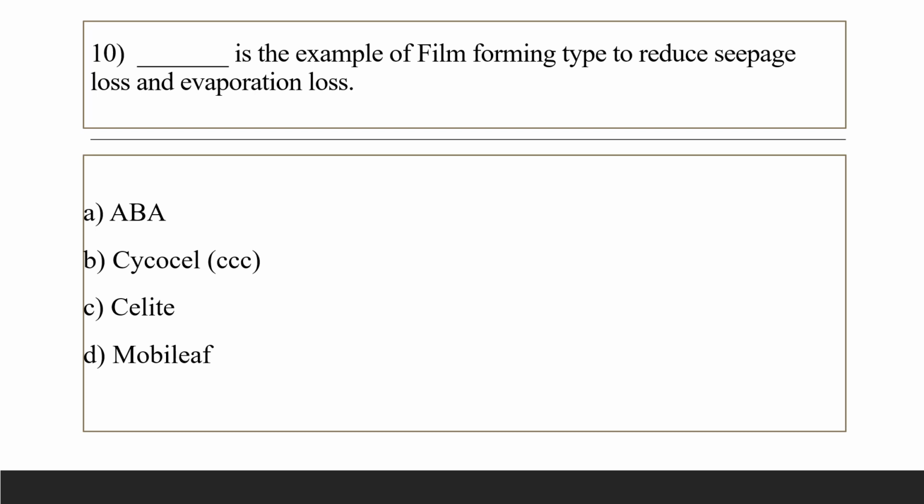Dash is an example of dryland farming type to reduce seepage loss and evaporation loss. In dryland farming, the runoff should be collected and stored for further irrigation. It is stored in farm ponds and field bunds.